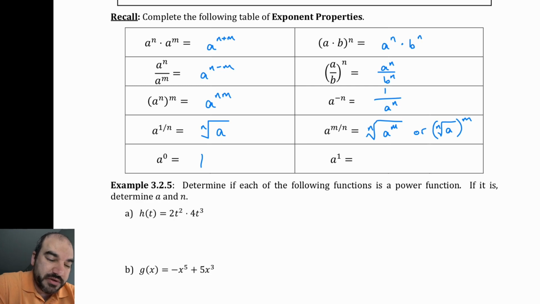So taking to the mth power and then taking the nth root can be done in either order. We could do the power first and then the radical, or the radical and then the power. And finally, anything to the first power is just itself. So a to the first will be a.